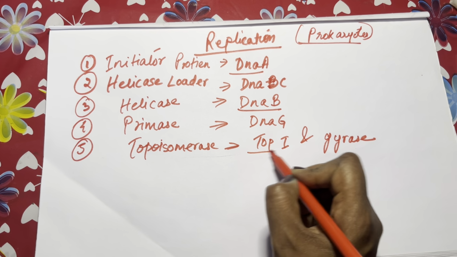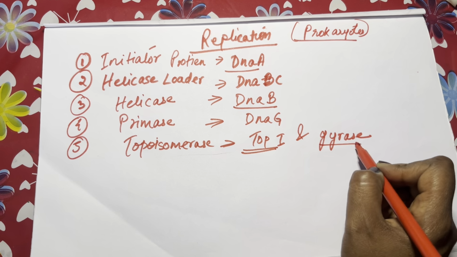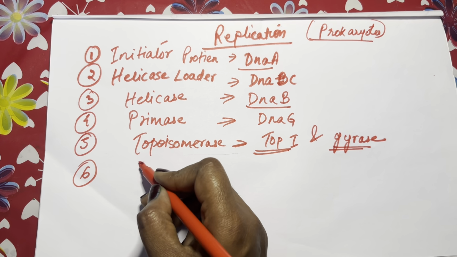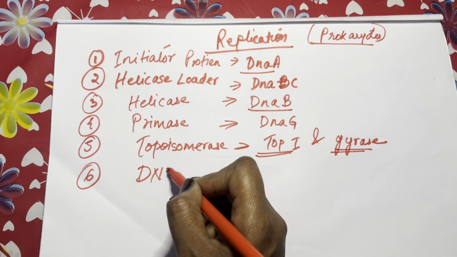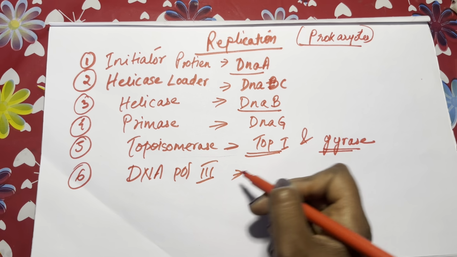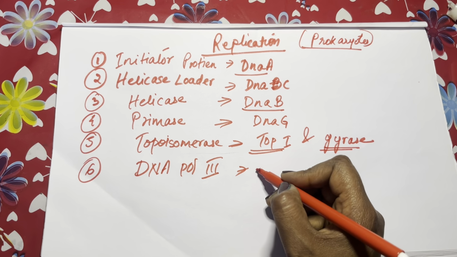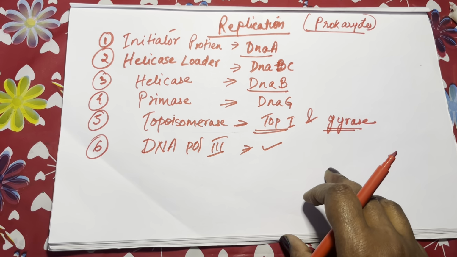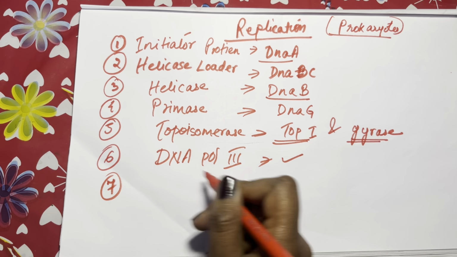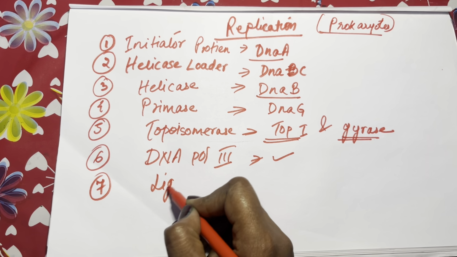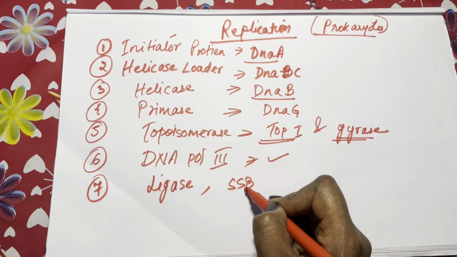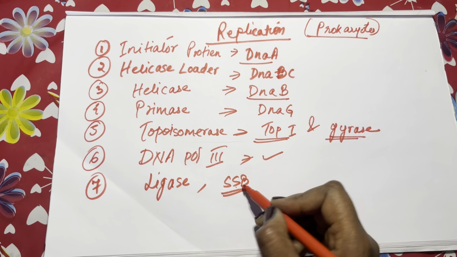Topoisomerase 1 for single strand, gyrase for double strand. Then who will come? Your main hero for replication, which is your DNA polymerase 3. We call it DNA polymerase 3 only in prokaryotes, the main replicative enzyme. Then we have our ligase enzyme. We have SSB proteins also, single strand binding protein.